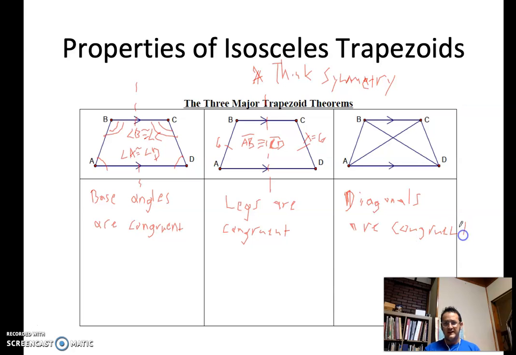So what that really means is going from D to B is the same thing as going from A to C. So that red line and that blue line are matching up with each other and are congruent to each other.